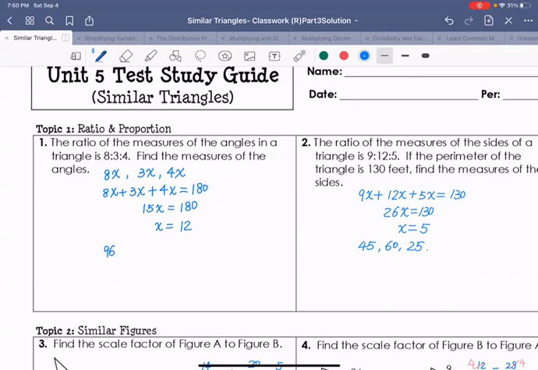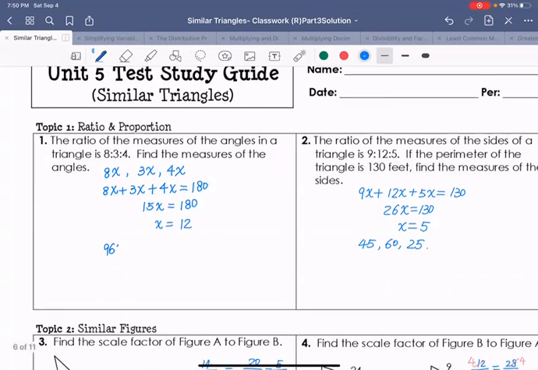Wait, so it would be 8 times 12. Okay. Yeah, 96. And then 36. And then 48. There you go. That's how we solve this one. Yeah. A PSAT asks this kind of question. Okay. We want to have this foundation.